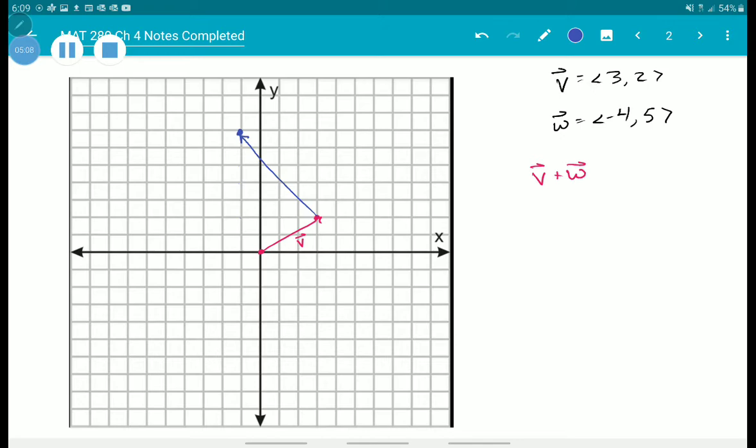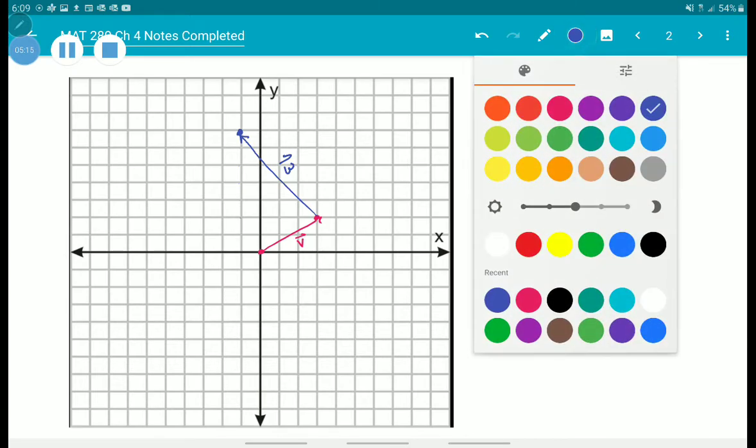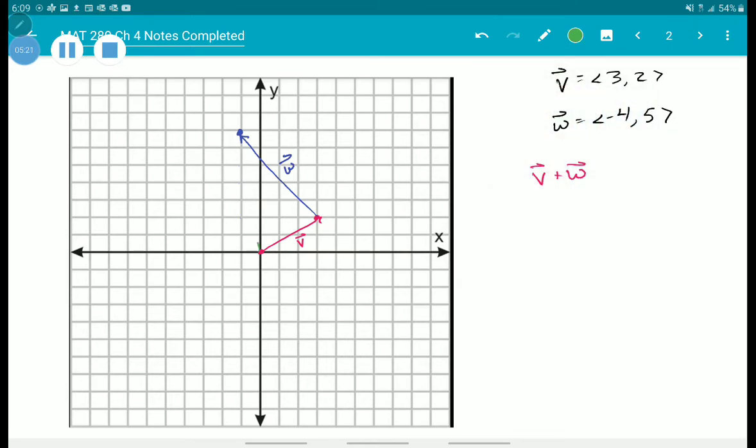So that sum, v plus w, would start where v starts and end where w ends. So our sum, and I will do that in green, will start here at v and end up here at w. So there's our sum, v plus w.